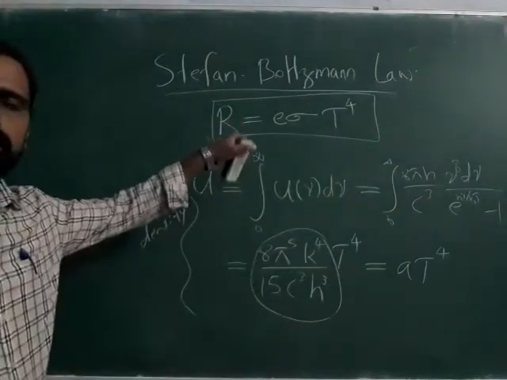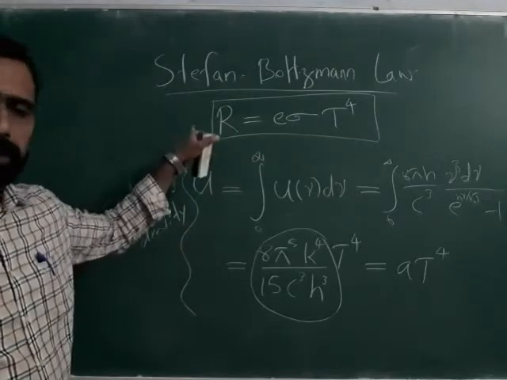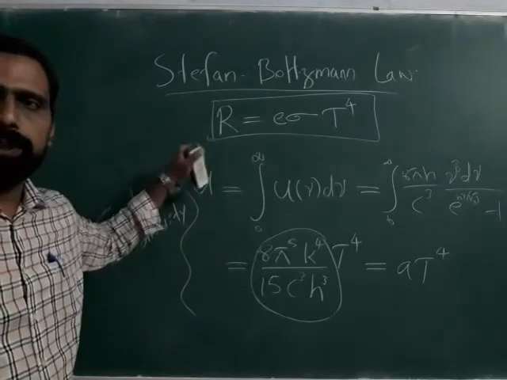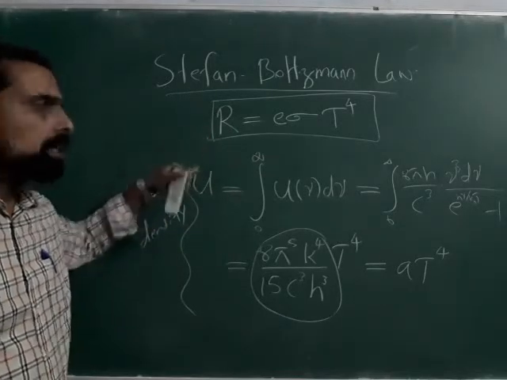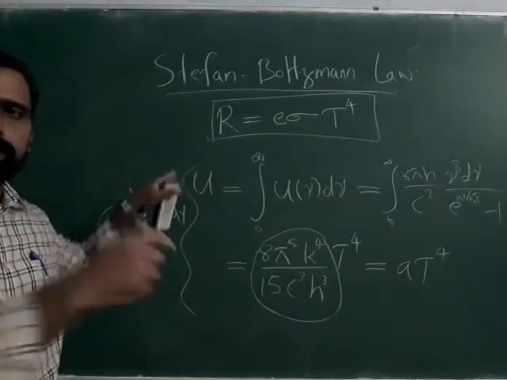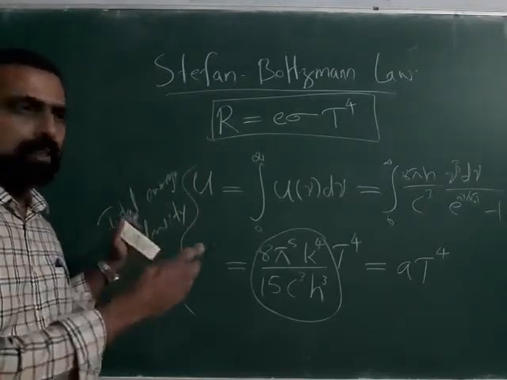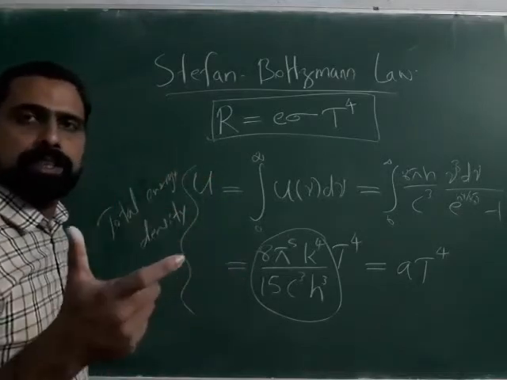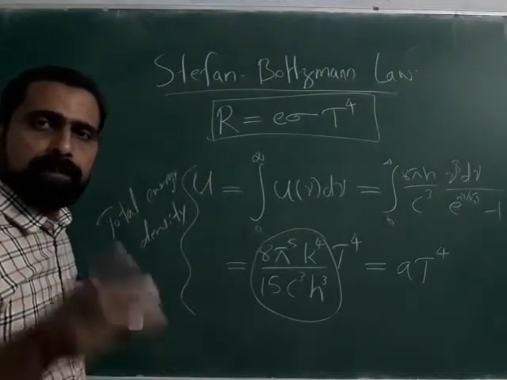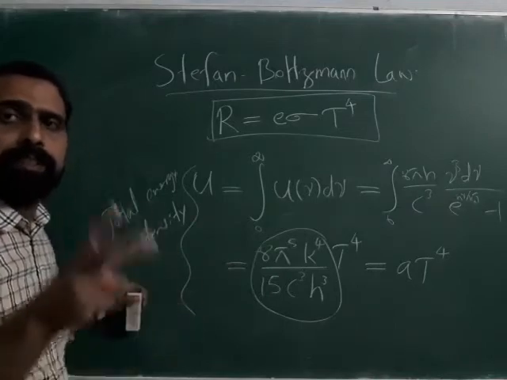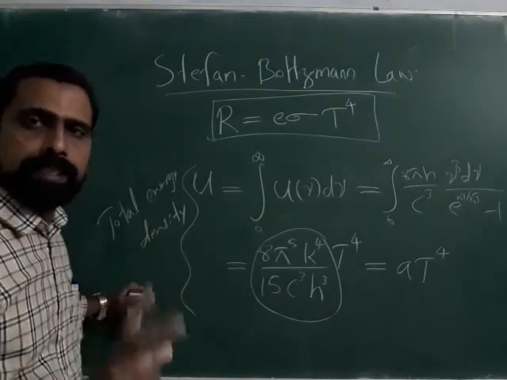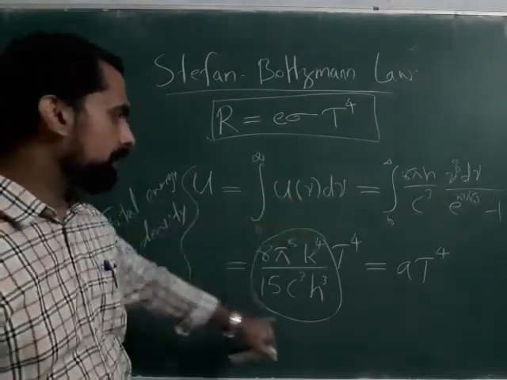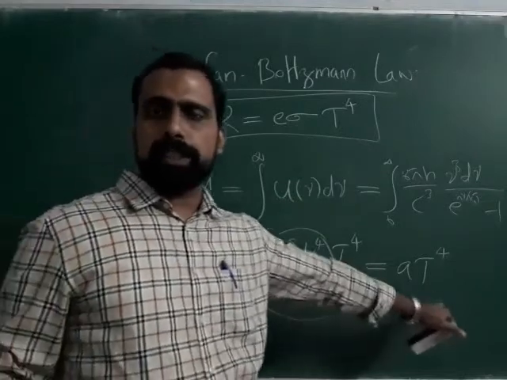Actually, these need some kind of derivation, but they are beyond the scope of our syllabus. I just gave you how you got it. You start with Planck's radiation formula, then you integrate it to get the total energy density, which is proportional to T raised to 4.